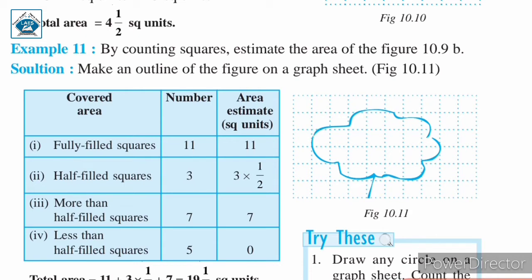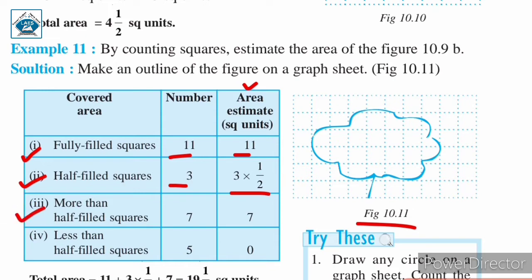Here you can see covered area, number of squares and the area that is estimated. If the fully filled squares are 11, then the area will be 11 square units. In this figure the half filled squares are 3, so we will multiply 3 with half to find the area.